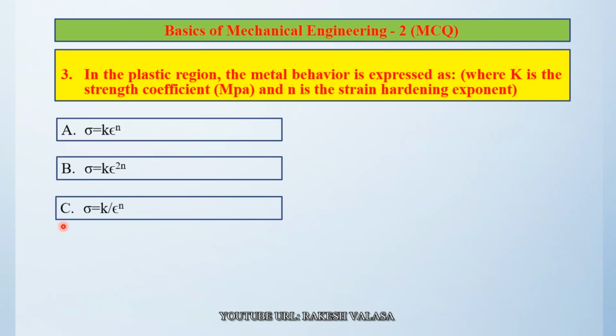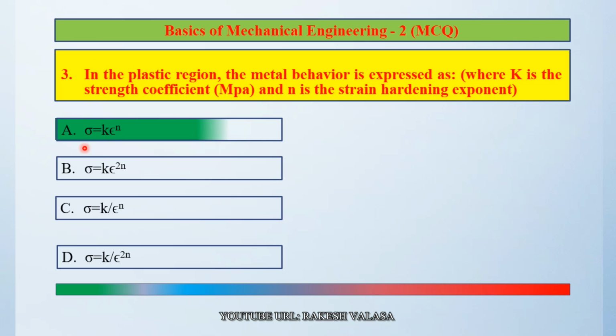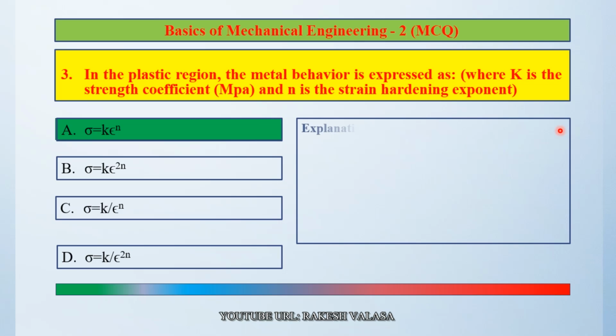Option C, sigma equal to K by epsilon power n. Option D, sigma equal to K by epsilon power 2n. The correct answer is option A, sigma equal to K epsilon power n. Let us see the explanation.